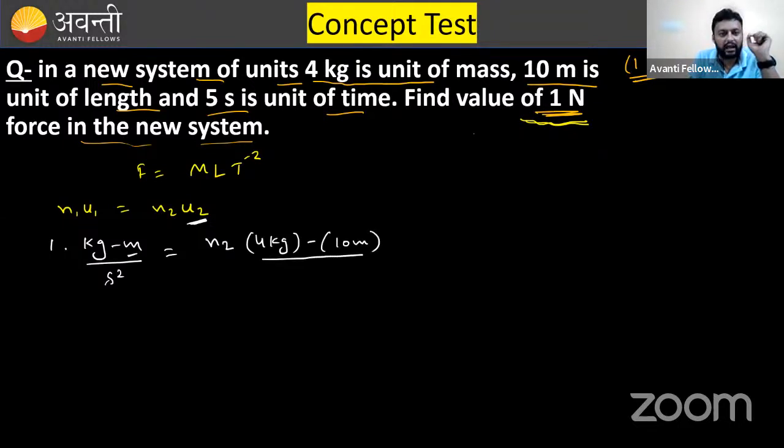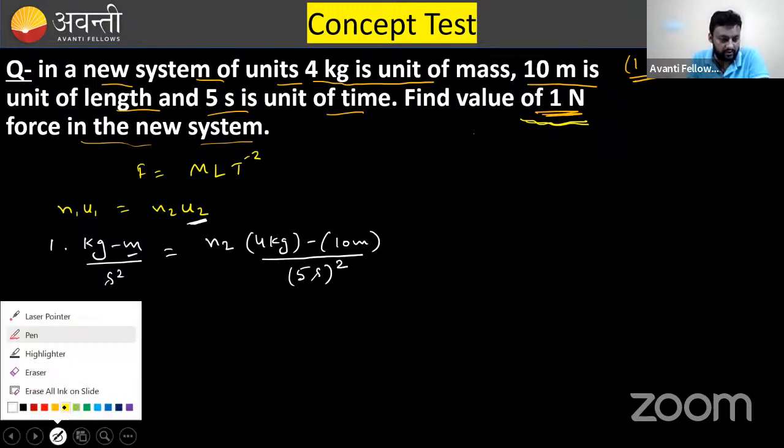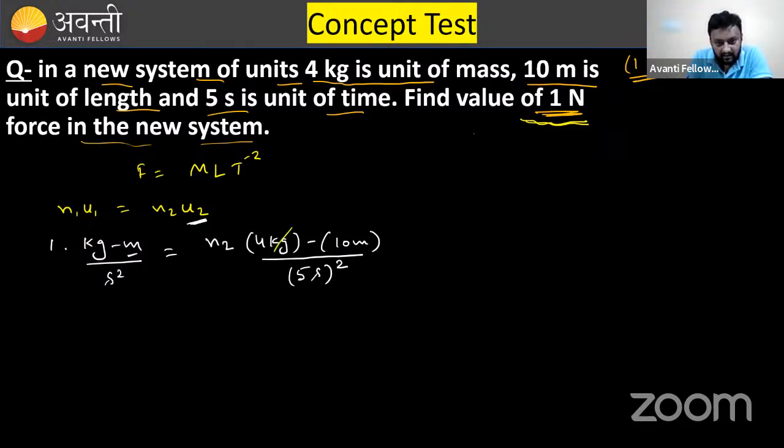Divided by the unit of time, which is what? 5 seconds. That is 5 seconds, which is time square. Time square means 5 second square. Now you can cancel out the things if anything is there to be cancelled. So kg and kg, okay, 1.6. Kolhapur is saying, let's check it. Meter and meter. Second square will be cancelled with the second square.